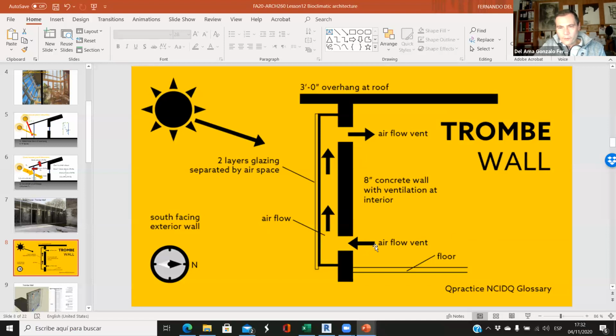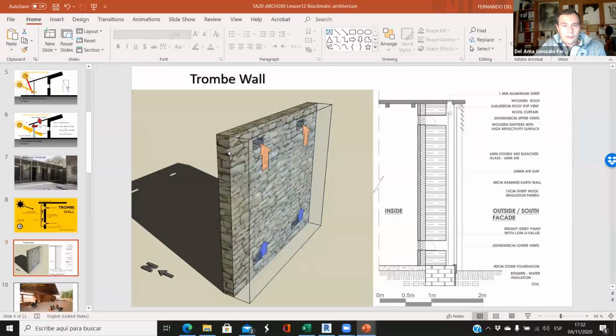The cold air will go through this ventilation and heat up here. The hot air tends to go up, and then it goes inside again through this upper ventilation opening. It works. It's easy. All you need is a wall, bottom openings and upper openings, and this is the air movement. It's natural, so you don't have to force this air movement.